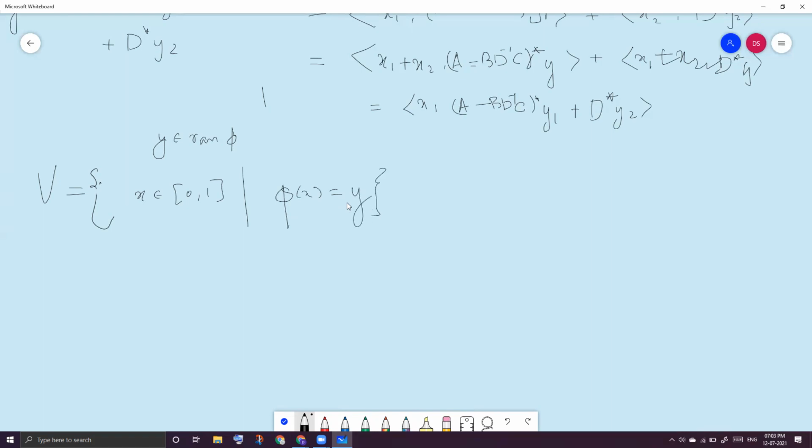This y is fixed; it's an element of the range of phi, and we define u to be the complement of it. So x belonging to 0, 1 says that phi of x is not equal to y.